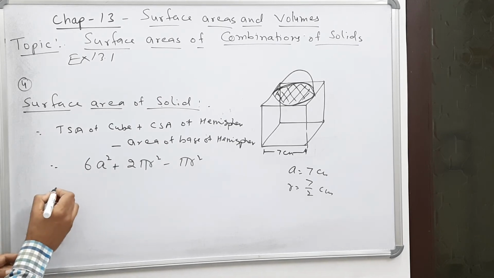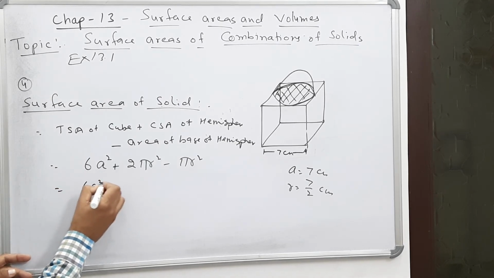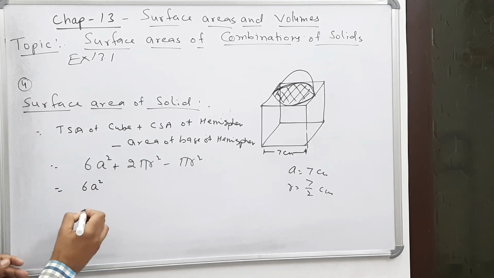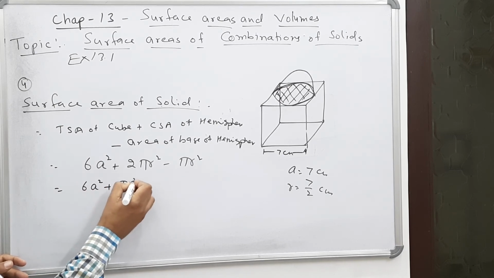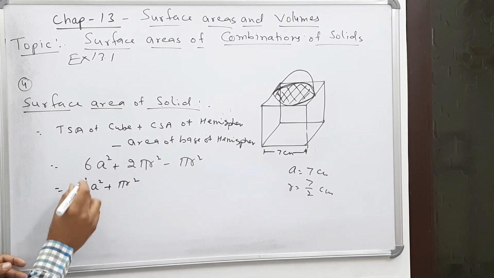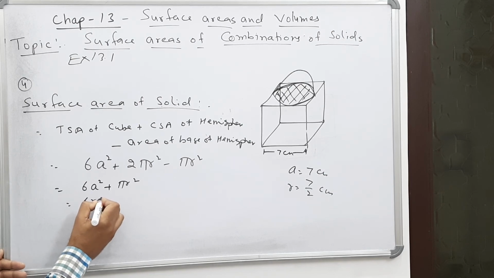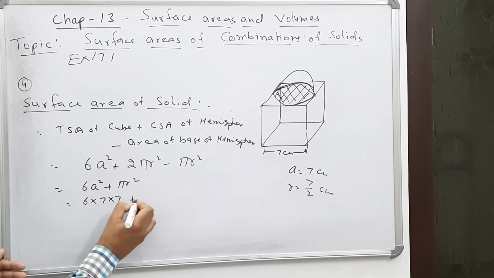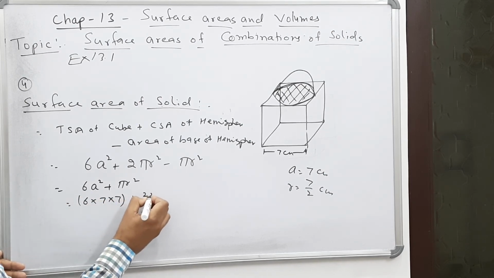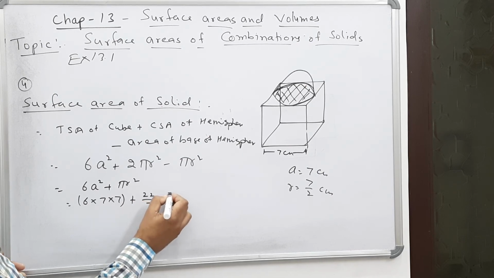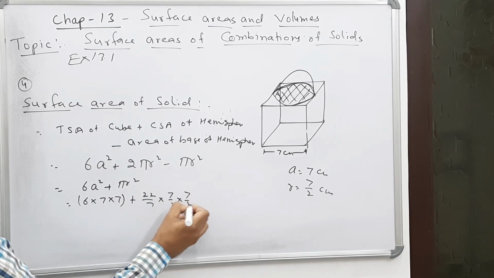Now 6a square plus 2 pi r square minus pi r square, it is pi r square. Put the value: 6 into 7 into 7 plus 22 upon 7, 7 by 2 into 7 by 2.